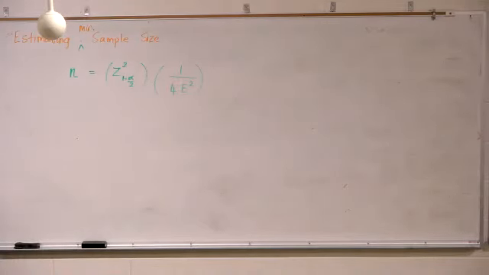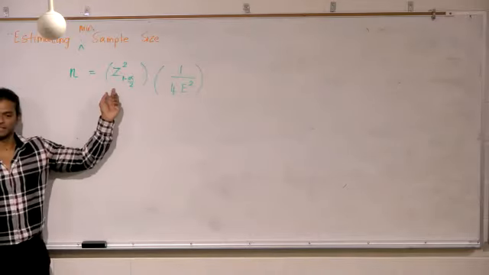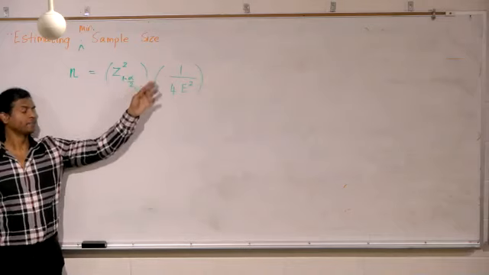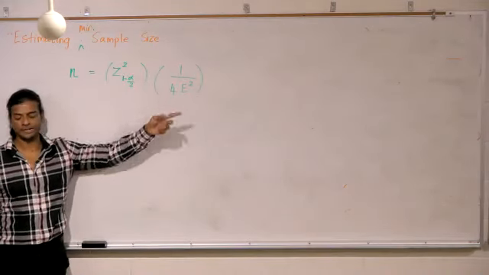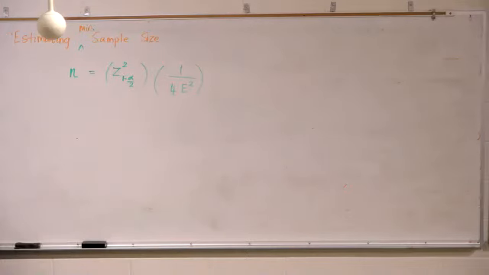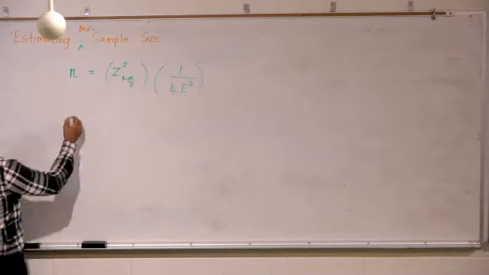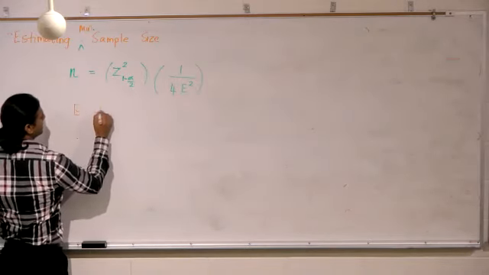That's just the formula. All you have to do is find the positive critical value, square it, and multiply it by 1/4E squared. What is E? The margin of error.